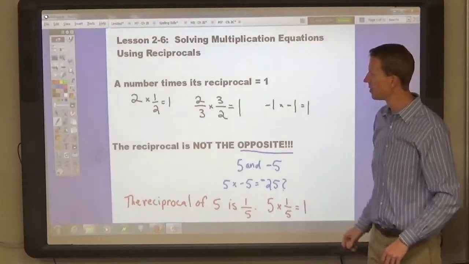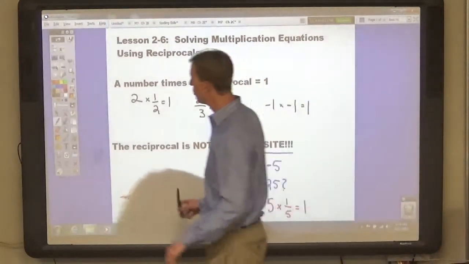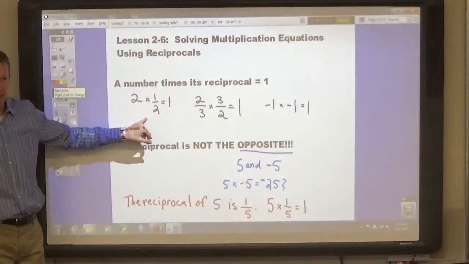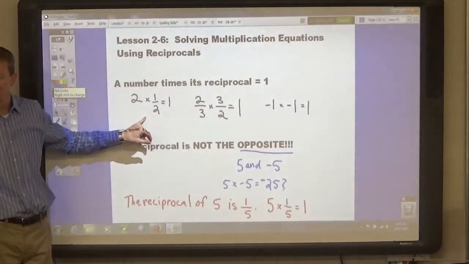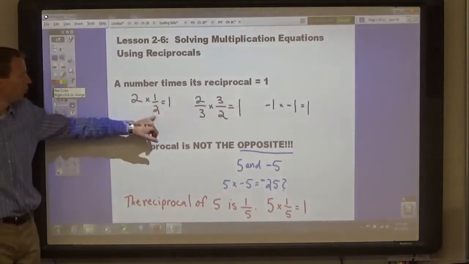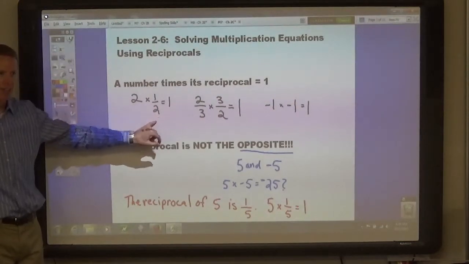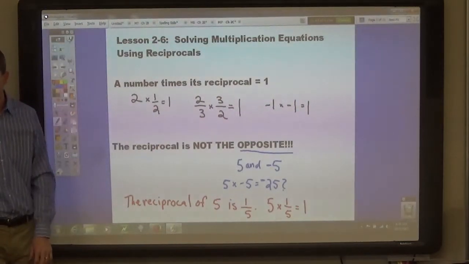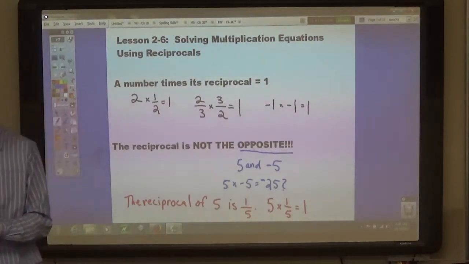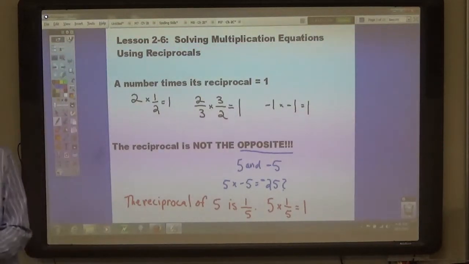Look at these examples. 2 times its reciprocal equals 1. What is the reciprocal of 2? 1/2. Here's why. You got to listen to this. This is really important. We're going to be using this today, okay?